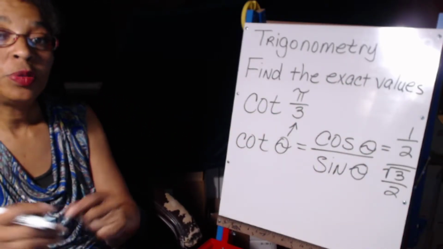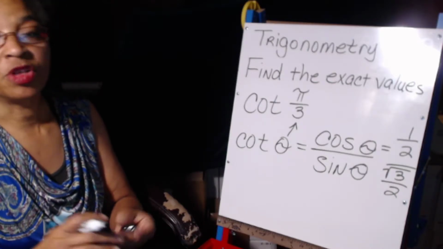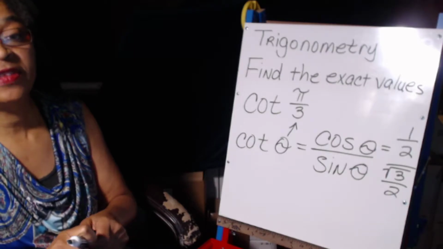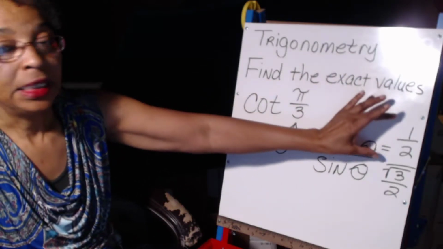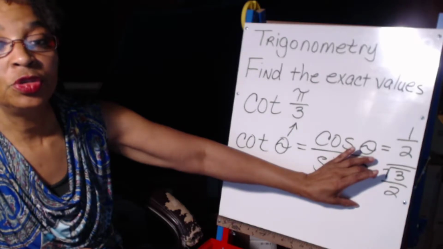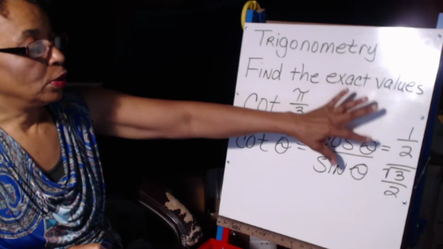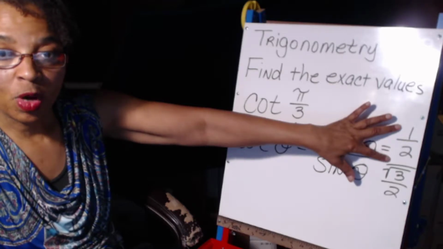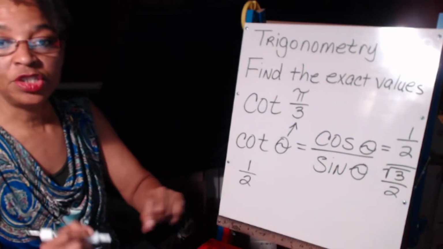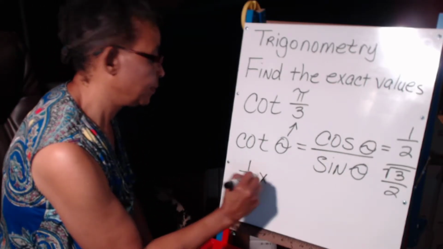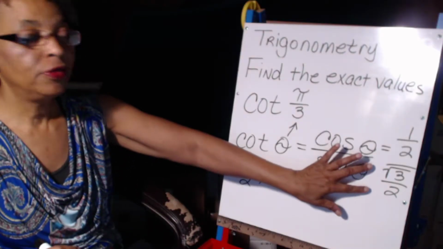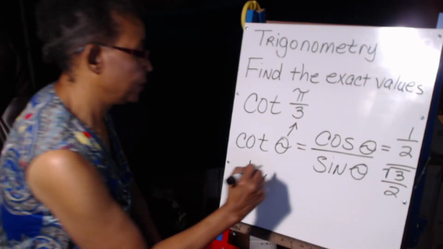So with multiplication, with division, because that's what we're doing with this particular problem, we're dividing the 1/2 on top by the square root of 3 over 2 on the bottom. So we will keep the 1 over 1/2. We change division to multiplication, and we flip, or we take the reciprocal of square root of 3 over 2.